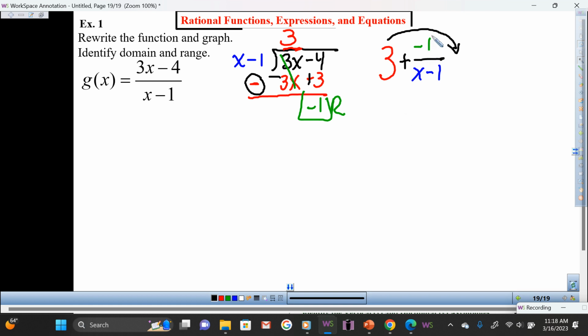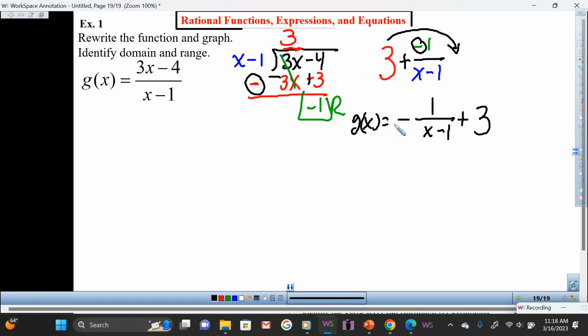I only need to have a 1 on the numerator. So what do I do with that negative, Mr. Q? You do this. Put it in the front of the fraction. This negative, we moved it to the front. We wrote 1 over x minus 1, and at the end plus 3, and this is our new function.